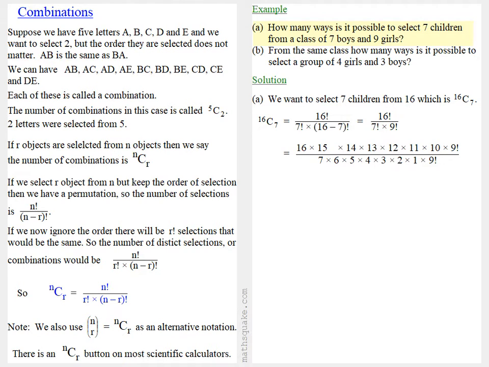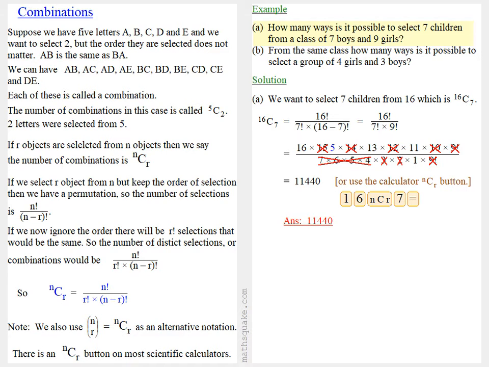Now we can write that out in full, and then a lot of it cancels. And that leaves us with 11,440. Or we could have got this by using the nCr button on a calculator. We need to type in 16 nCr 7 equals, and that gives us an answer of 11,440.